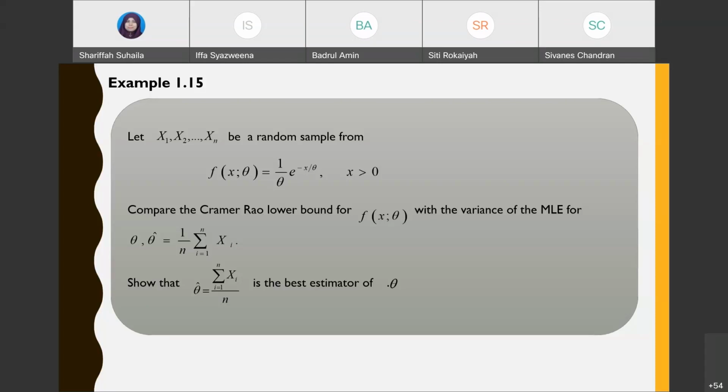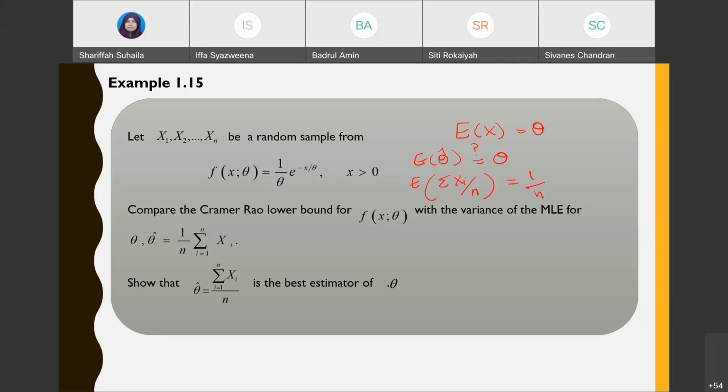Okay, so again, this one we already have the information from the previous exercise. Kita dah tahu kalau exponential distribution, you will get your EX is equals to theta. Okay, kita dah buktikan ni soalan ni. Okay, so now you want to show that theta hat is the best estimator. So your theta hat, we need to verify whether this one is equals to theta or not. So the same thing. Kamu dah ada summation xi over n.